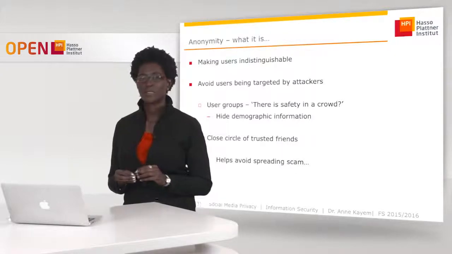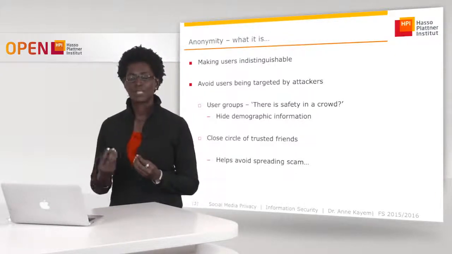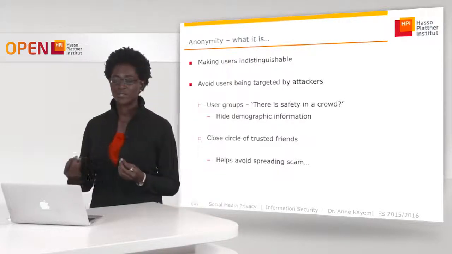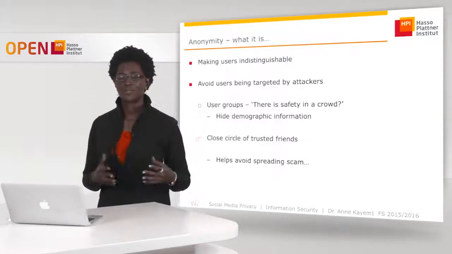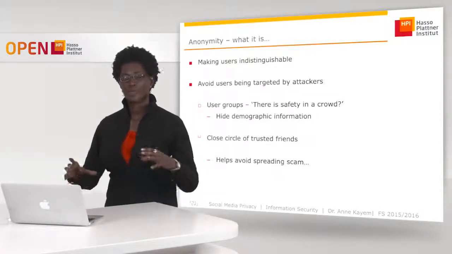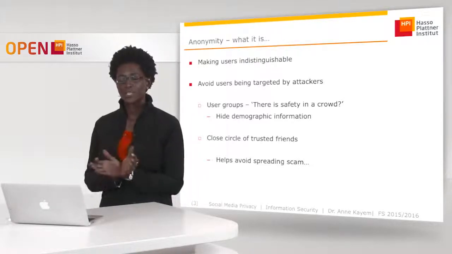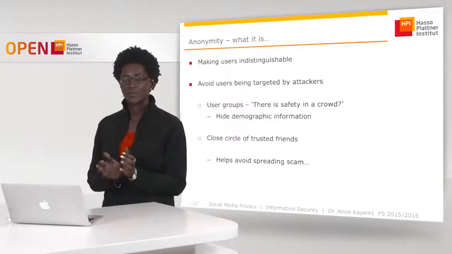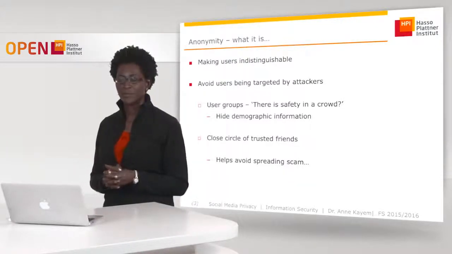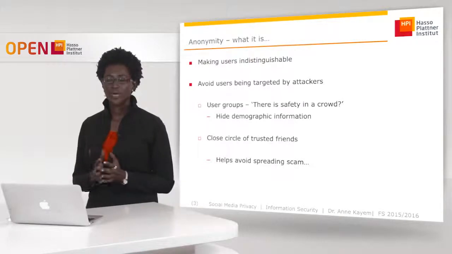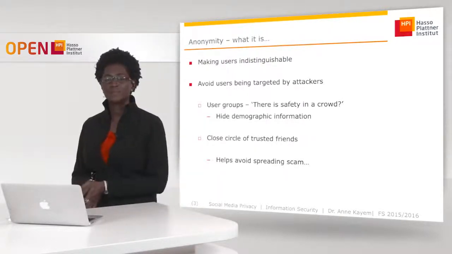However, you want to do this also to avoid your friends being targeted. So you want, for example, to protect them from being used as targets to draw information about your person. So if you're discussing private things with a particular group of friends, you want to make sure that this communication is hidden or not known to other people who are outside of this circle of friends. And you want to hide this because you want to hide, for example, demographic information.